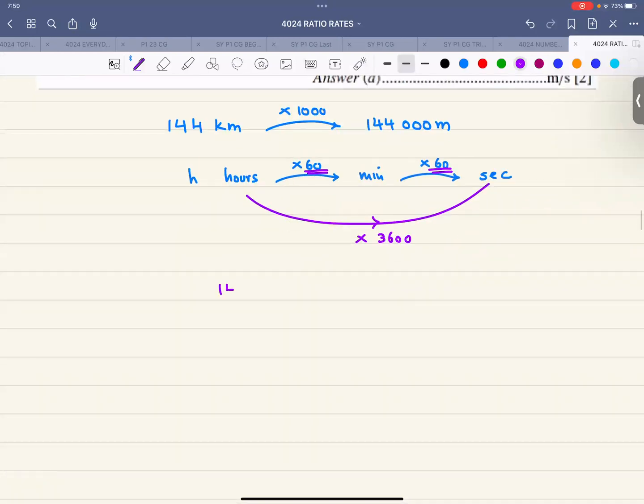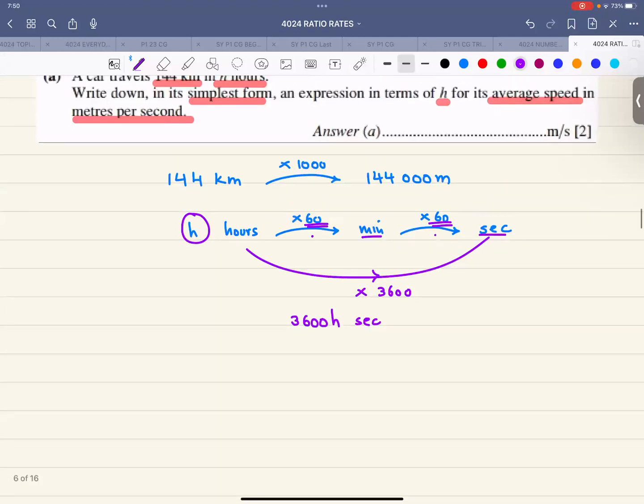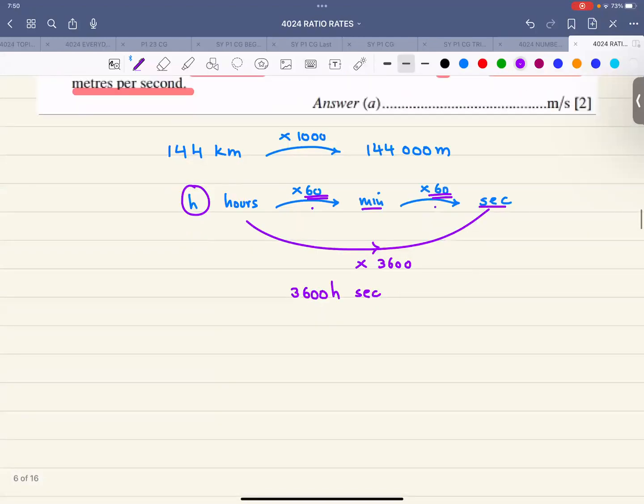So we are left with 144 that will come later on. H hours is basically 3600 H seconds. I have taken hours, multiplied with 60 to convert it into minutes, again multiplied by 60 to convert it into seconds. So this is 3600 seconds.